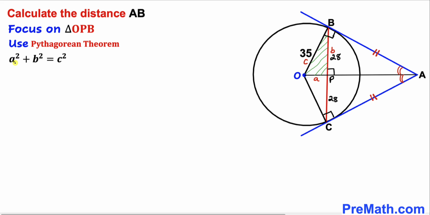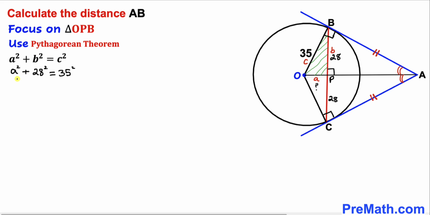In our case, A is unknown, so I'm just going to put down A square plus B, in our case, is 28, so this is going to become 28 square, equal to C, which is 35 square.